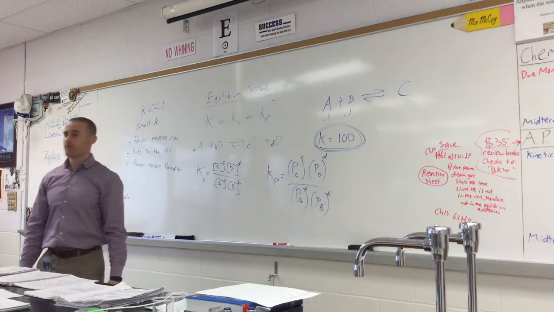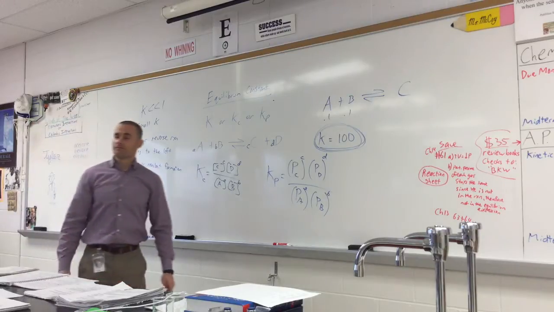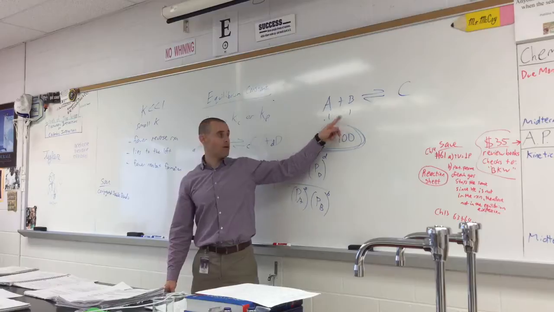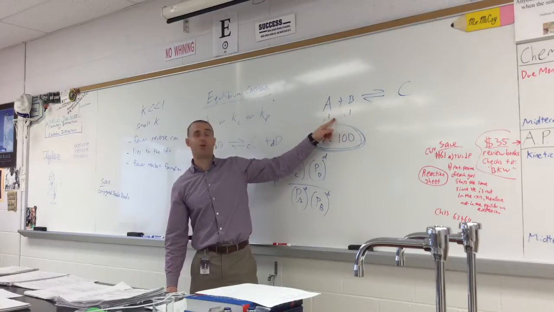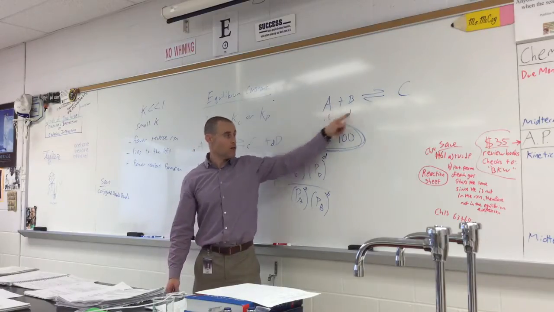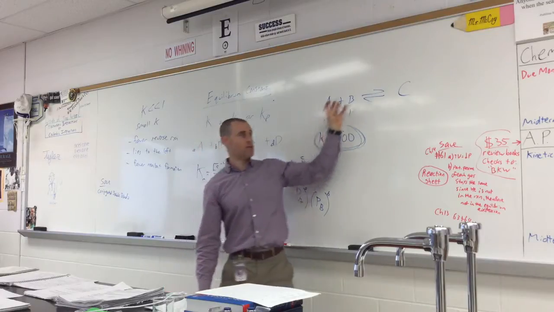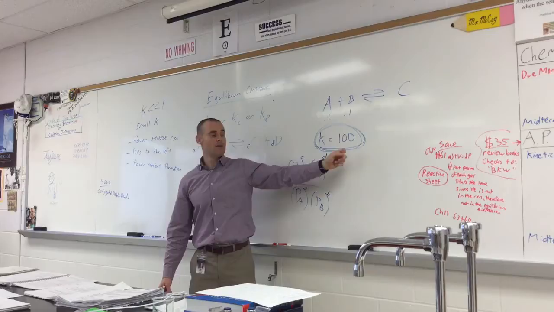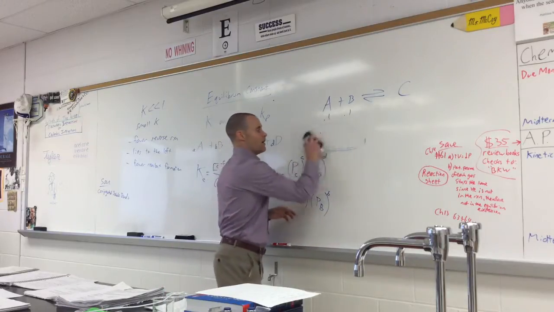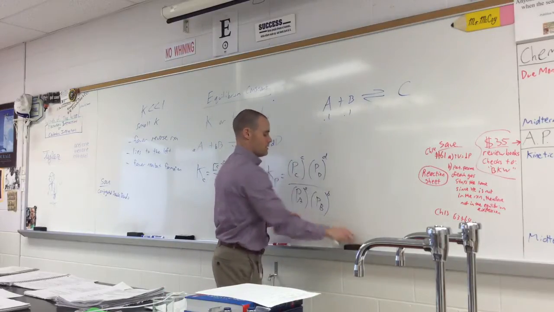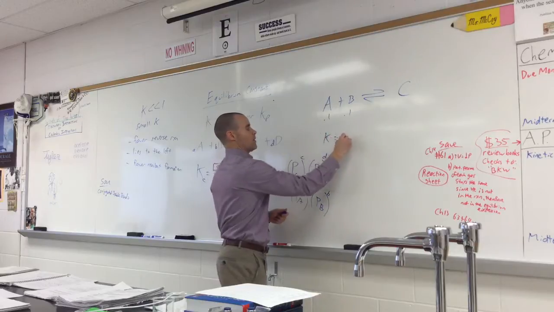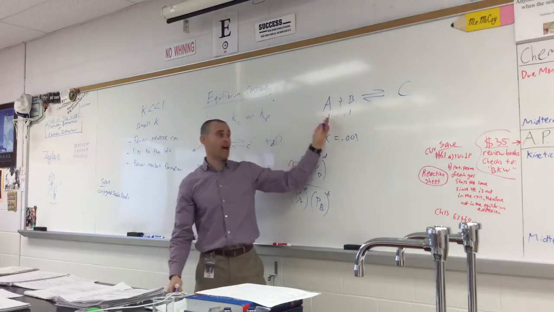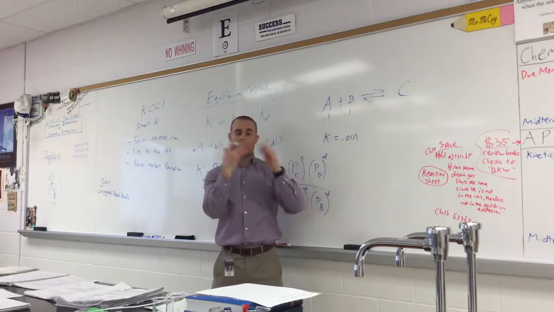Kara, what do you think? Yeah, a lot bigger. So most of the 0.1 moles of B, 0.1 moles of A, most of those moles are going to be transferred to this side because that number is very large. If I was to give you a very small K, let's say the K was 0.001, then only a little bit of these are going to actually react and form C when they reach equilibrium.